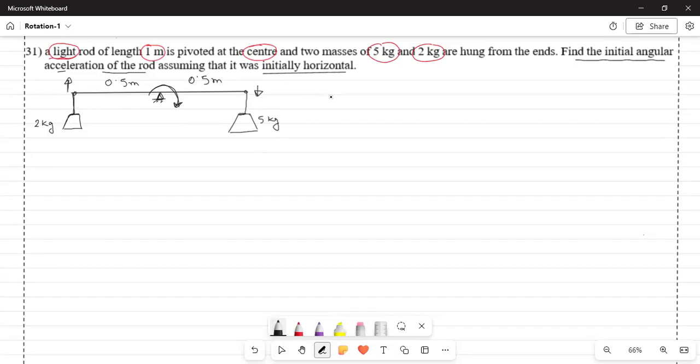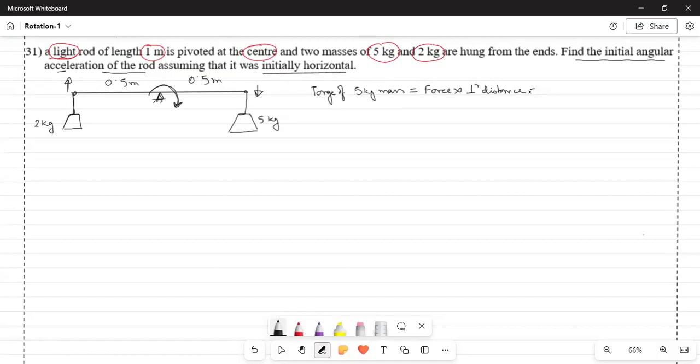So let us say the torque of the 5 kg mass. Torque is equal to the force multiplied by the perpendicular distance. So for your recovery of memory, I write it down. Force multiplied by perpendicular distance.